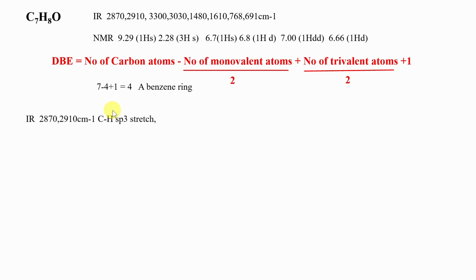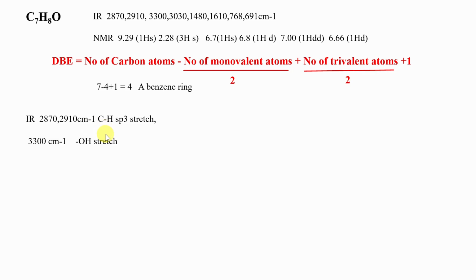Then the IR values, see the values 2870 and 2910 centimeter inverse are of typical carbon hydrogen stretch, sp3 stretch.